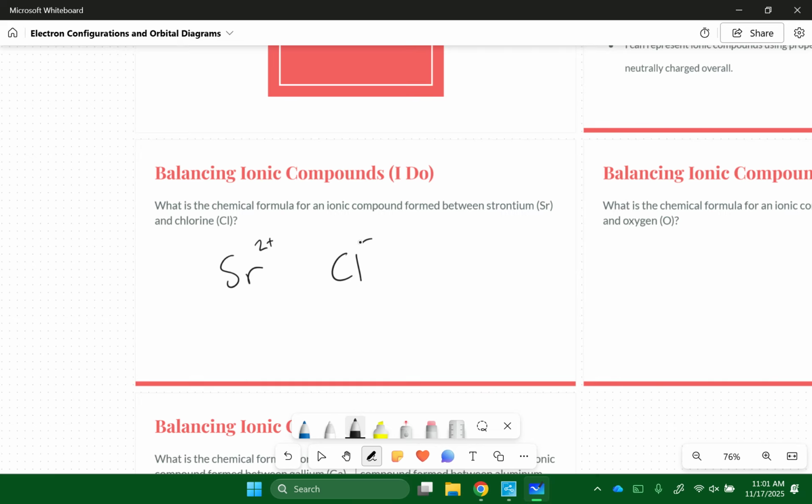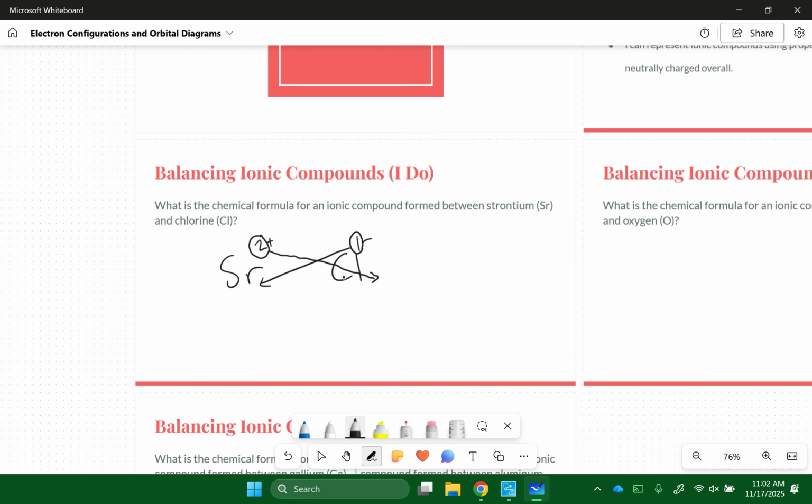Okay. Now, ordinarily you leave the 1 off, but for the crisscross method, I'm going to write it there so that way it's easier for you to see. So here's what I'm going to do. The number from the charge of the cation, just the number, is going to become the new subscript for the anion. And the number from the charge of the anion will become the new subscript for the cation.